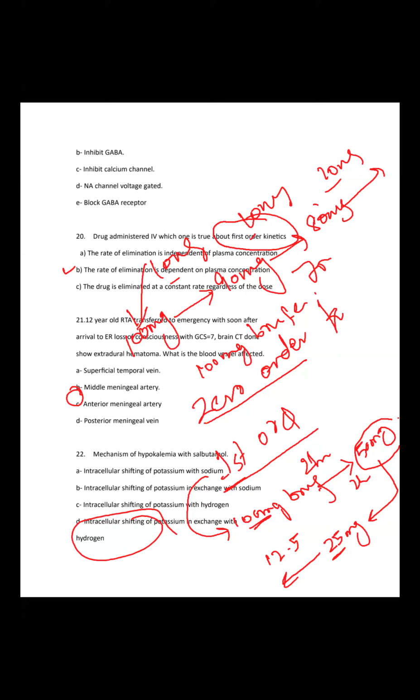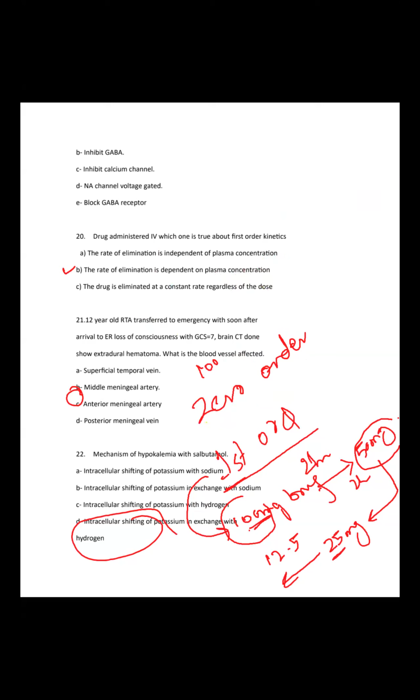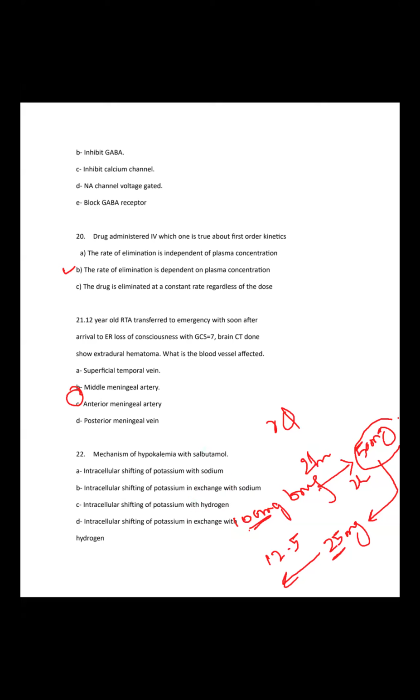If it is independent of plasma concentration, that is called zero order. If it depends upon the plasma concentration, and you are taking a high amount, then definitely half of it will be removed. This type of kinetics is called first order kinetics. I think it is clear what is the difference between zero order and first order kinetics.